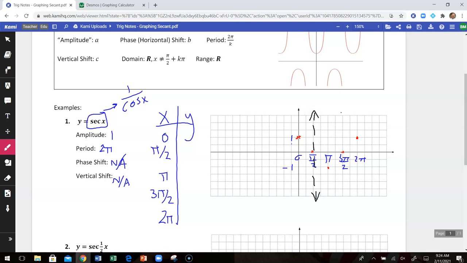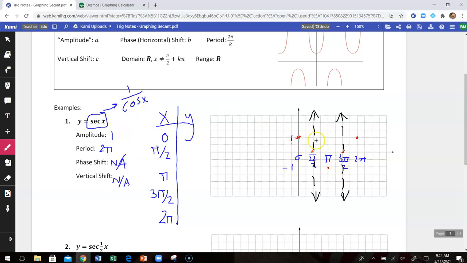So again, we've got one there at pi over 2, and if we add pi to that, at 3 pi over 2, those are both vertical asymptotes. Then all we have to know from that point is that every place where cosine is at +1, secant would also be at +1, and if cosine is at -1, secant would also be at -1.